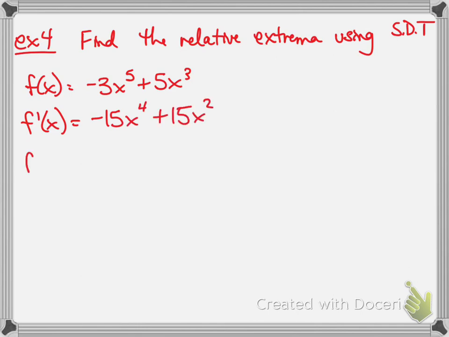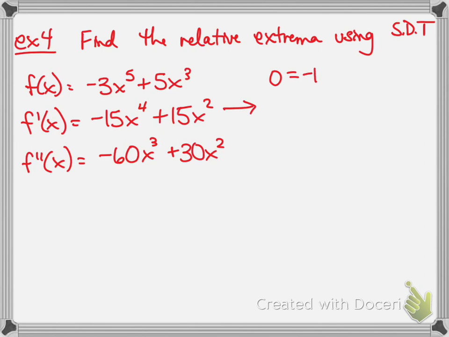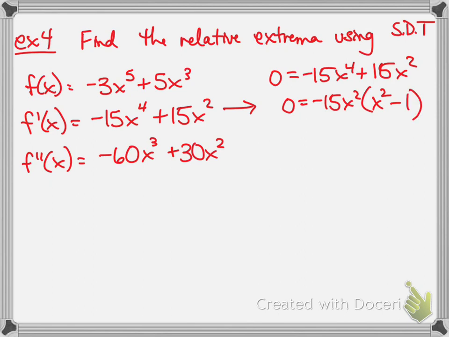And let's find the second derivative. All right, let's take that first derivative and set it equal to 0 to find our critical numbers. Let's factor out a negative 15x squared. I'm factoring the negative out because I don't like it when the leading coefficient is negative.